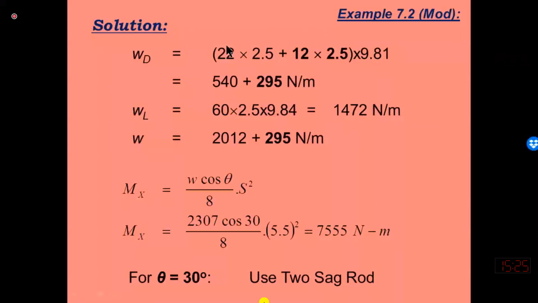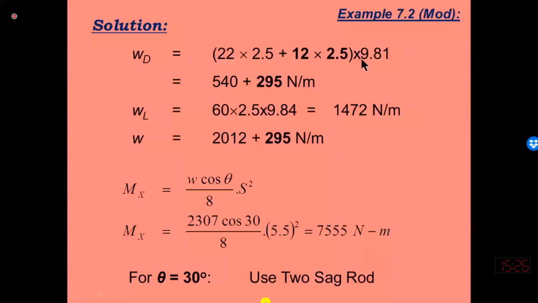These loads are in kilogram per meter square, so we need to multiply with the panel length or spacing of purlin, which is the P value. By multiplying with the P value, we are converting this distributed load into a UDL, just like we discussed in the design guideline. So 22 multiplied by 2.5 and further multiplied by 9.81. This load will be in Newton per meter. And 12 multiplied by 2.5 into 9.81.